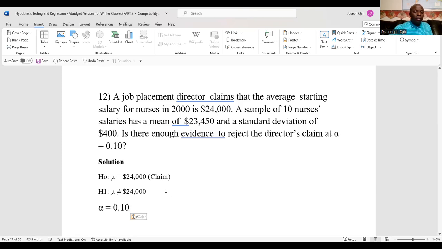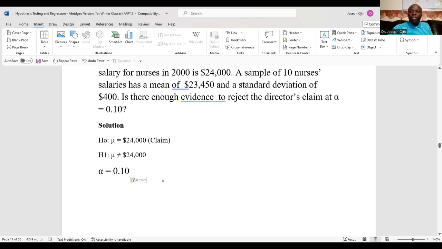Now we can run the test, but first of all, we get the critical value. Remember, this is a 2 tail test, and now we are using the t distribution, so it's based on the sample.